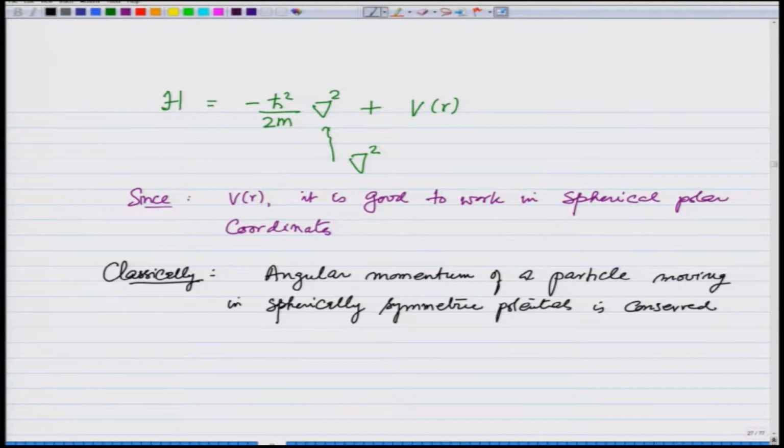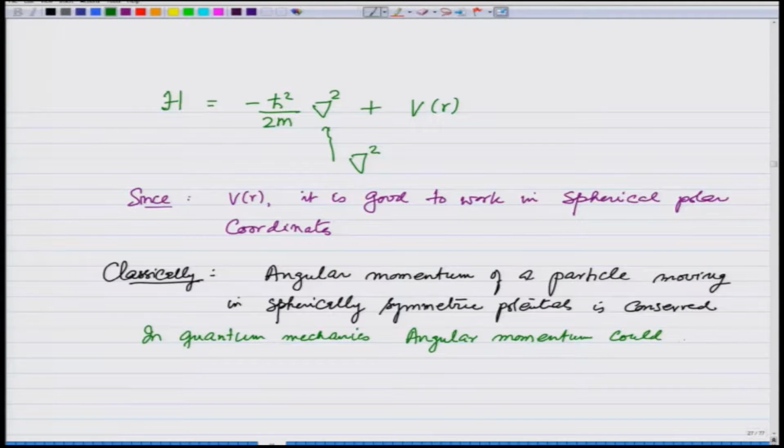For example, Kepler's laws and all those things follow from there. What do we expect in quantum mechanics? So, in quantum mechanics, correspondingly, recall from your previous lecture, angular momentum could, we have not yet proved, could be a good quantum number.